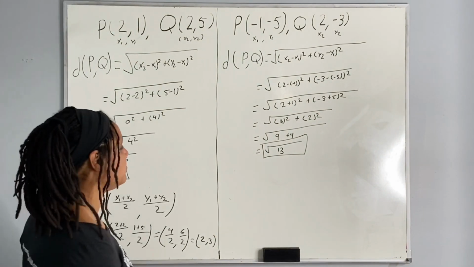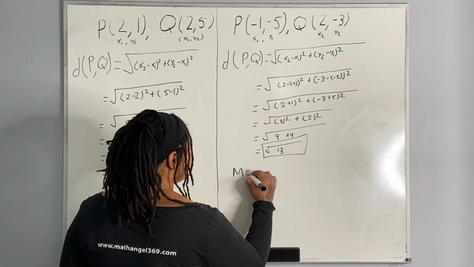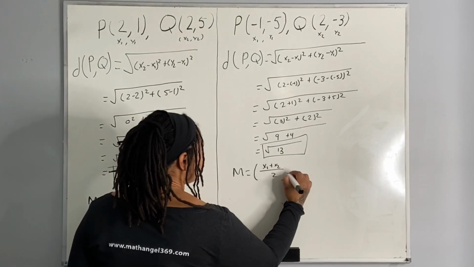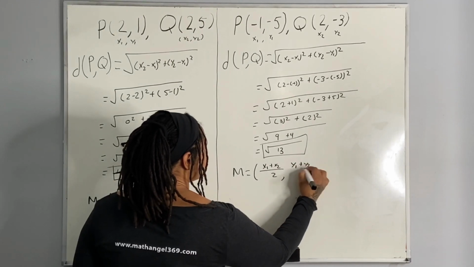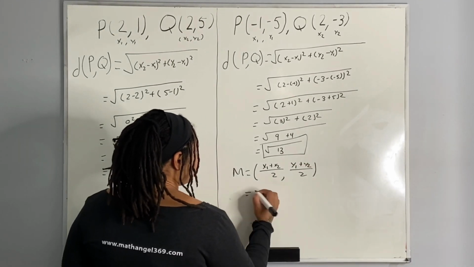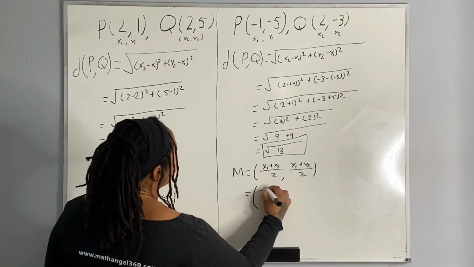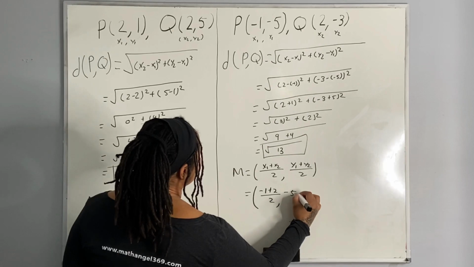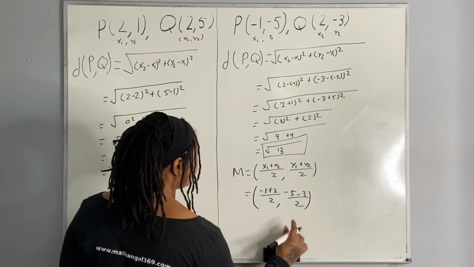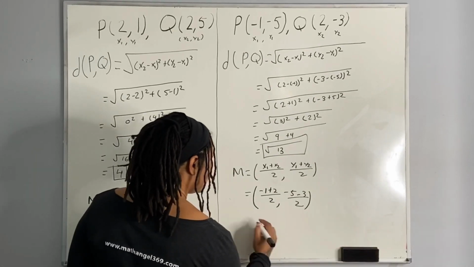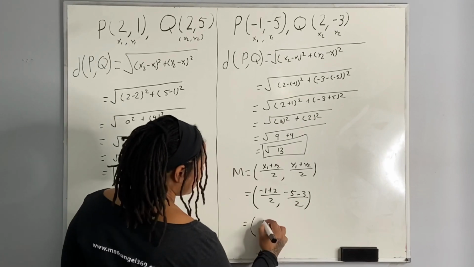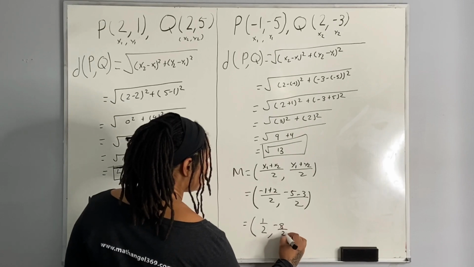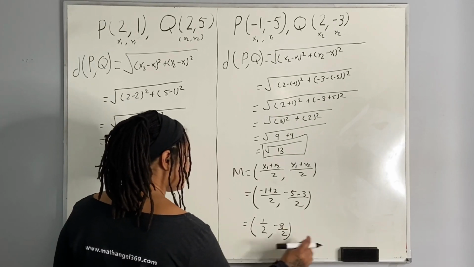Now let's look at the midpoint. So again, the midpoint is equal to (x1 plus x2) all over 2, comma, (y1 plus y2) all over 2, which is equal to (negative 1 plus 2) over 2, comma, (negative 5 minus 3) over 2, which is equal to 1/2 and negative 8 over 2, and that can reduce some more.